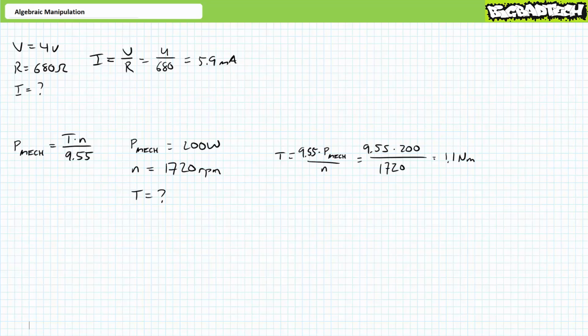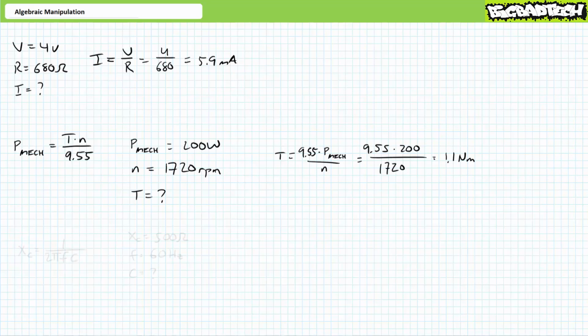Substituting in 200 watts and 1720 RPM demonstrates this motor is capable of producing roughly 1.1 newton meters of torque at the rated condition. Does the job require 1.1 newton meters of torque or less? You should be good. Does the job require more than 1.1 newton meters of torque? Go get a bigger motor.